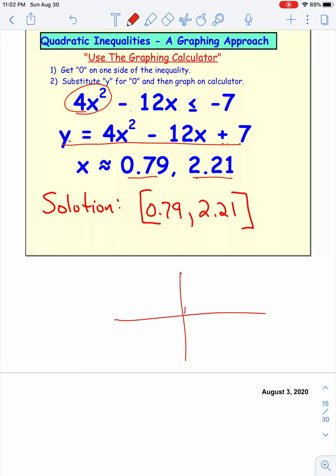It would look something like this. We'll just say that's 0.79 and that's 2.21. It's going to be a parabola that goes like that. The y-intercept would be 7. Okay, but that's what it would look like.